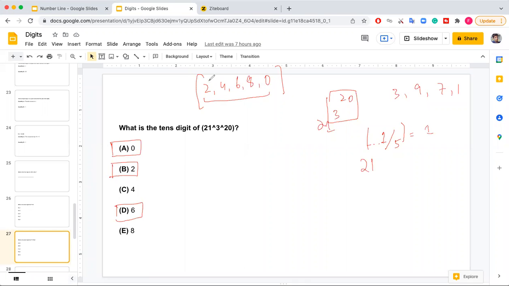That's why we will just pick this value. For example, we have 11, 21, 31, 41, whatever the values. If we divide these by 5, the remainder is always 1. That's why the tens digit for this question is 2.